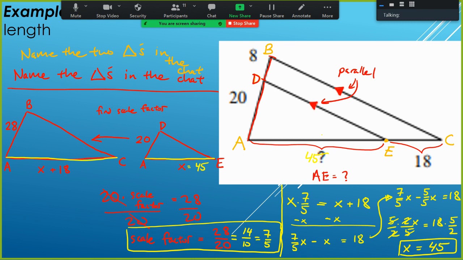So if we were to put this in steps, first find the triangles, and then you would try to find the scale factor. Correct. Good.